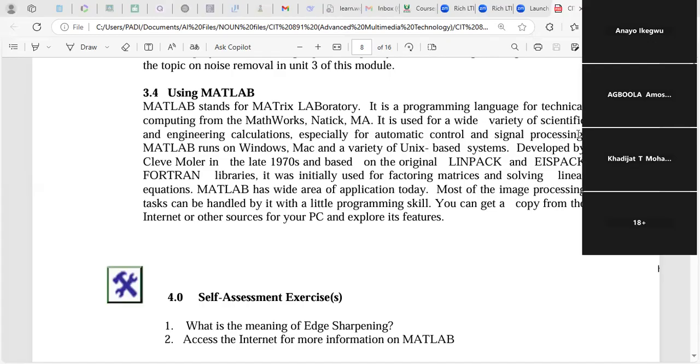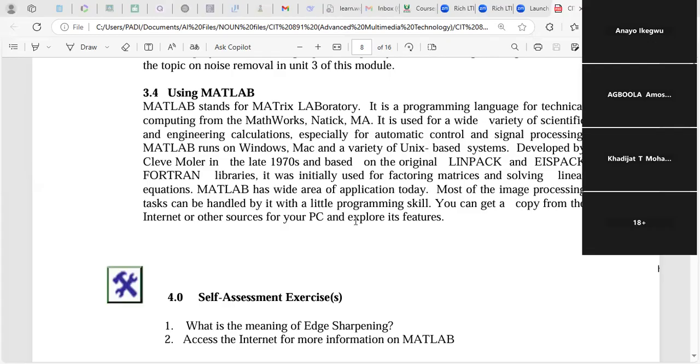Easily download it, take a look, and get more details by going to YouTube and typing MATLAB tutorial to help you acquire the skills.